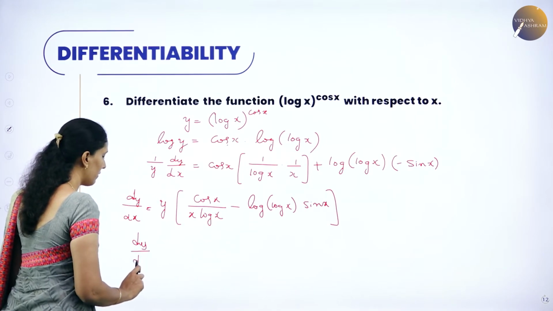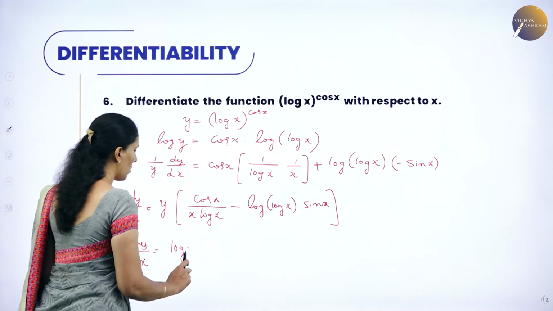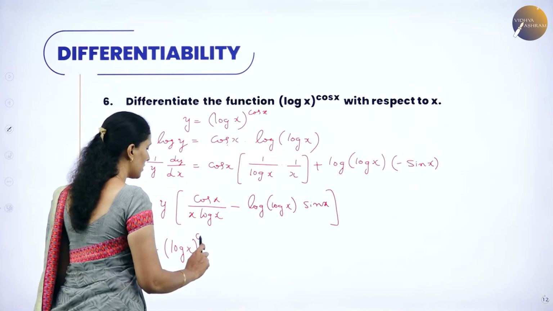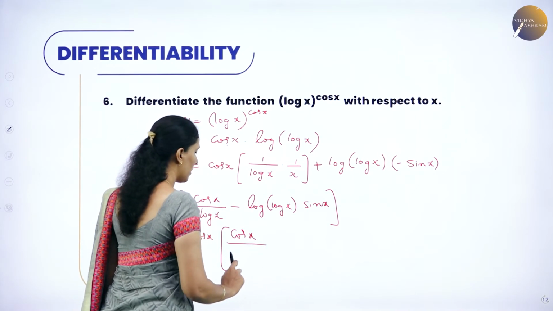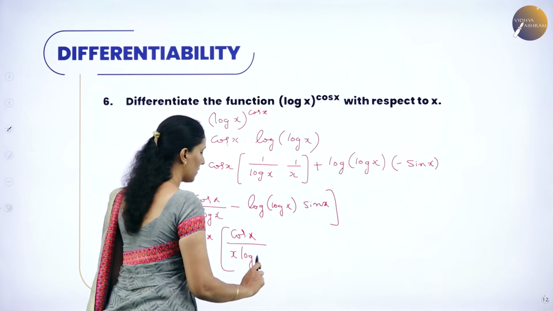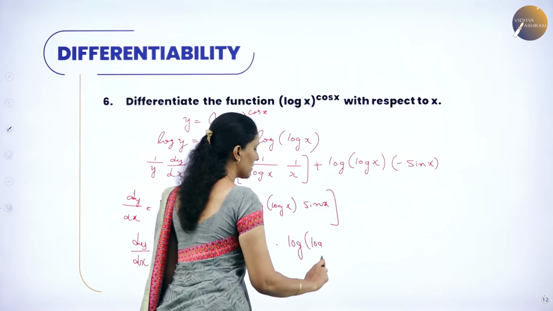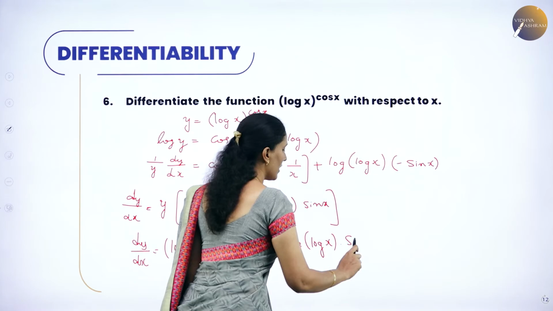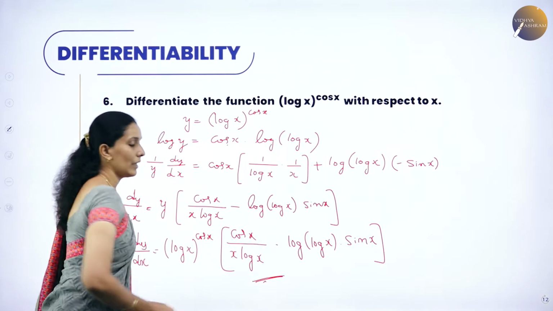So therefore dy by dx is equal to log x whole to the power cos x over x log x minus log of log x into sin x. So this is the derivative.